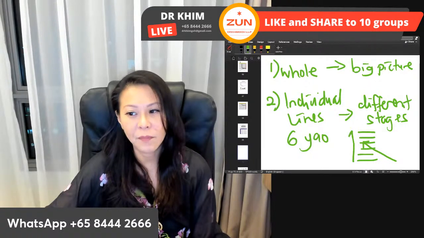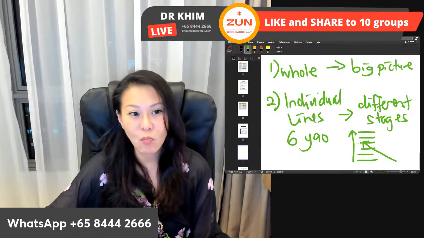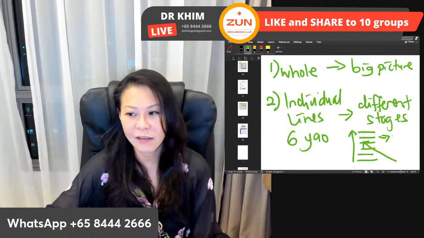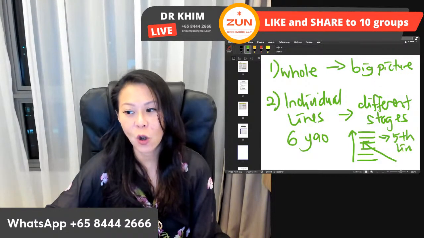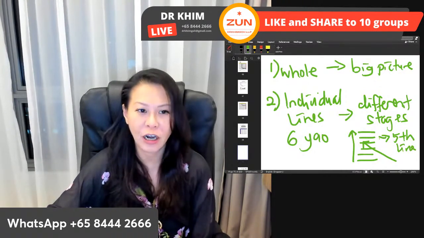In the hexagram, the most important line is the fifth line, not the last line. The fifth yao is the most important line.